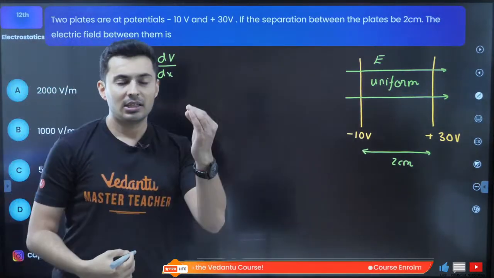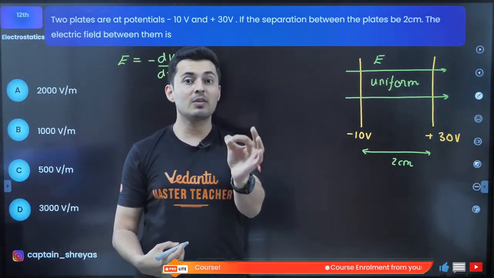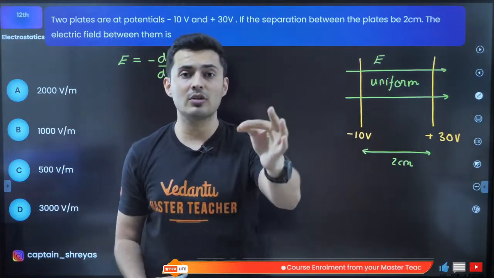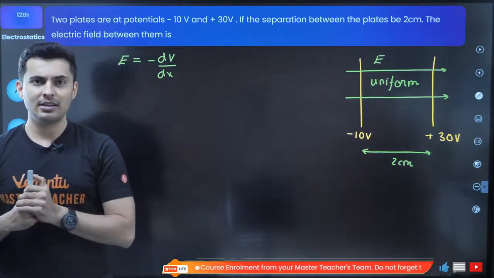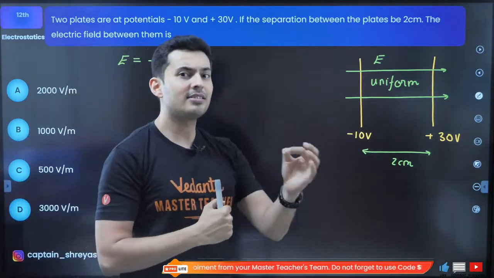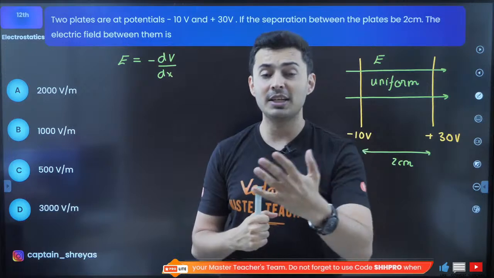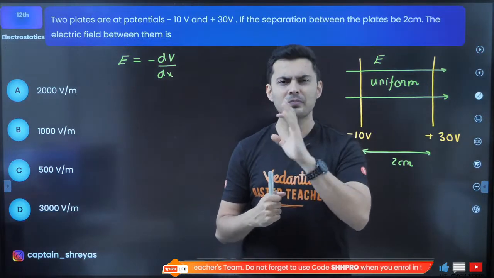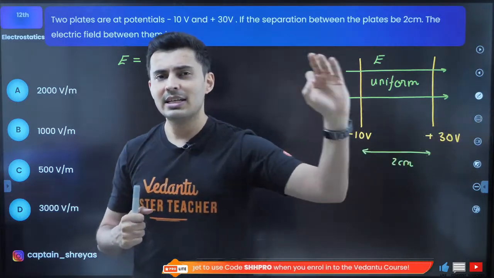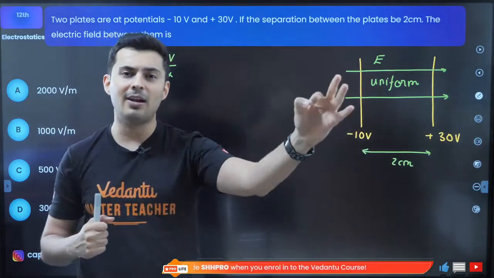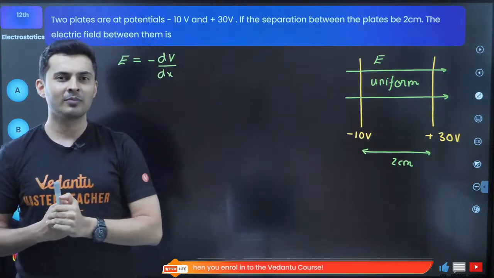This formula, the gradient dV by dx, gives me the instantaneous rate of change of potential with respect to x. Instantaneous rate. Just like instantaneous velocity is dx by dt, or instantaneous acceleration is dv by dt. Come on, think about it. When velocity is constant, isn't the instantaneous value and average value both same for velocity?